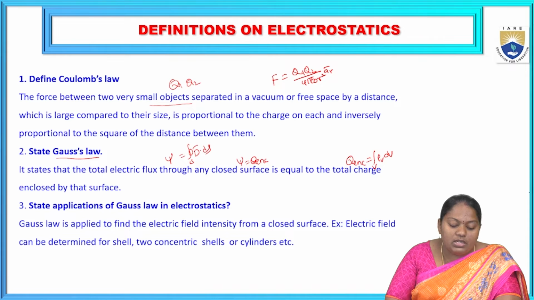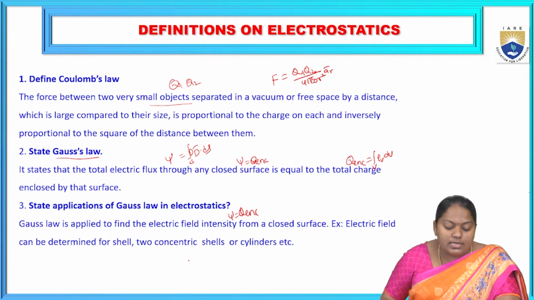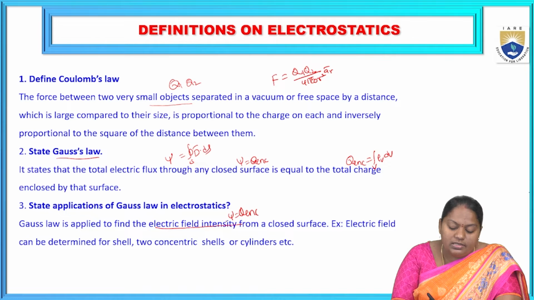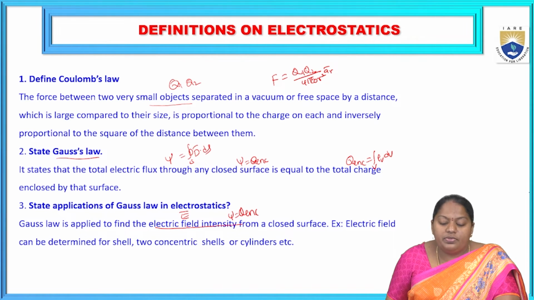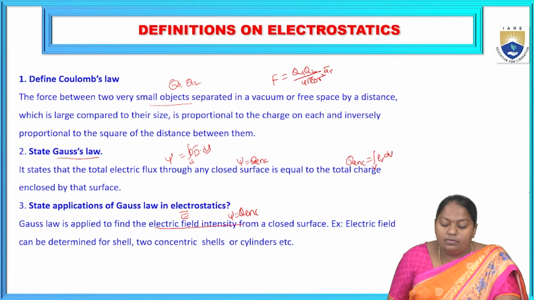Now, state the applications of Gauss's law in electrostatics. With the help of Gauss's law, we will implement some applications which use the basic concept psi is equal to Q enclosed. Gauss's law is applied to find the electric field intensity, denoted with E bar, from a closed surface.